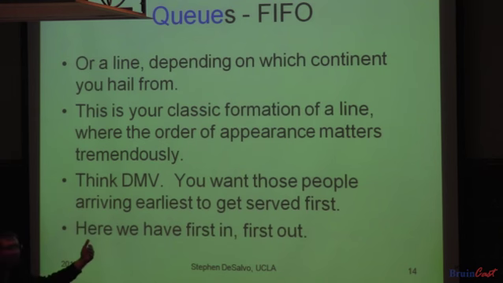First in, first to come out. That's the idea. So this is your classic formation of a line where the order of appearance matters tremendously. You want people arriving earliest to get served first. First in the line is the first one out, as opposed to the stack, where the first one onto the stack is the last one to get popped off.